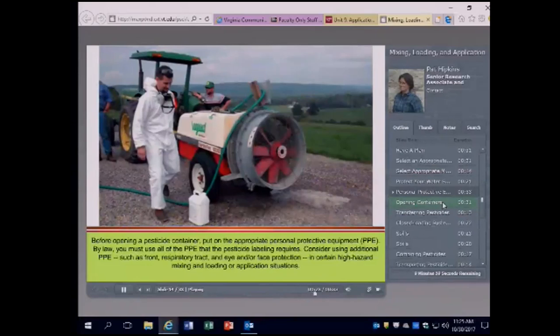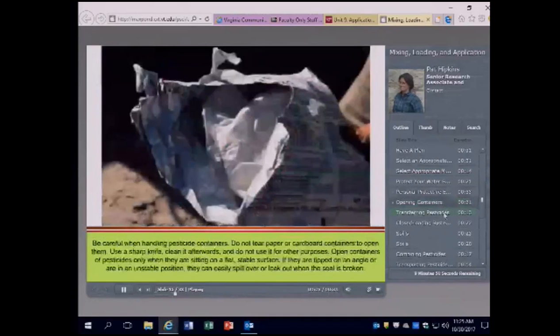A respirator will give you extra protection when handling dusts and volatile liquids. Be careful when you're opening pesticide containers. If they're made of paper or cardboard, be very careful that you don't rip any inner lining or cause the product to be expelled rapidly because you were careless.